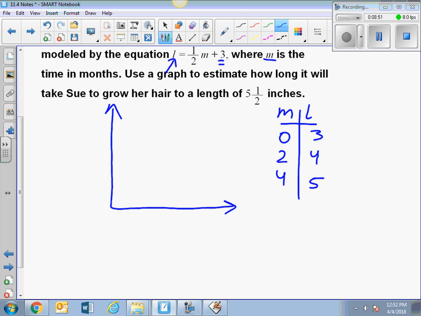Everybody's hair grows at different rates, so this is assuming that someone's hair grows consistently. That's actually a very good point. Does hair growth vary? Absolutely. But this person we're saying has a consistent growth rate of 1/2 inch per month.